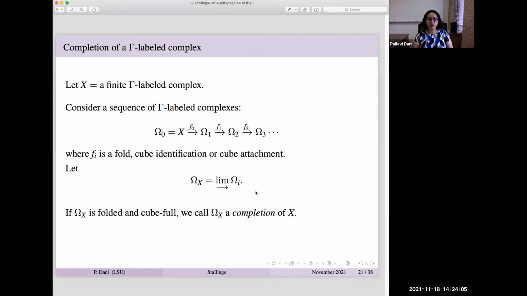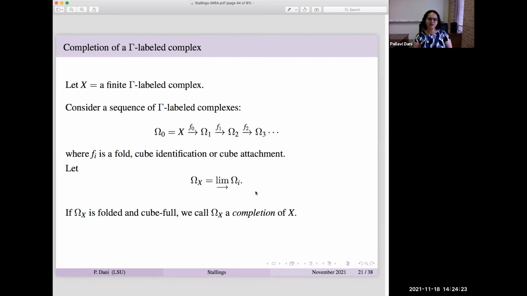So what you want to look for is an omega x which has these two nice properties that we just talked about. You want to look for an omega x which is folded and cube full, and in that case, it's going to carry the information that we want. So such an omega x is what we call a completion of x.